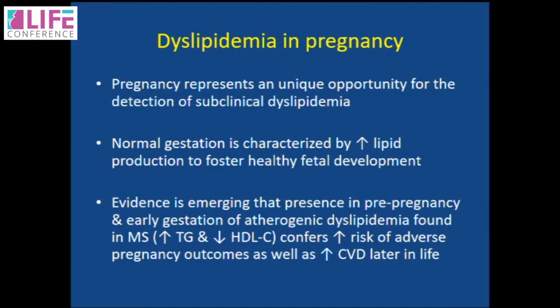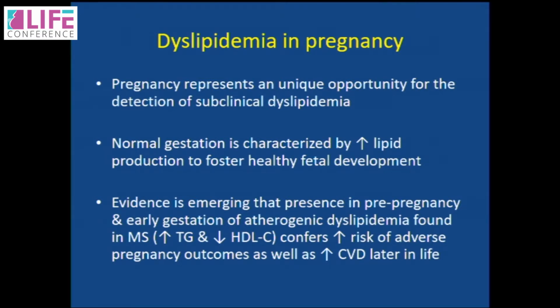So what we need to know is that in normal pregnancy, we see an increase in lipid production to foster healthy fetal development. But what happens when this increase in lipid production becomes a bit too much, or people have pre-existing lipid abnormalities?